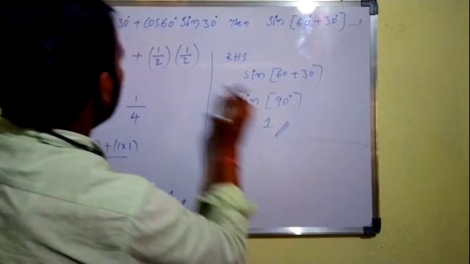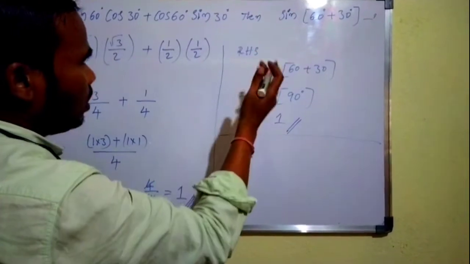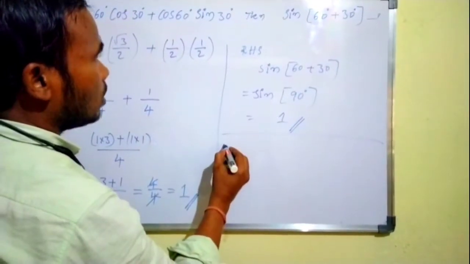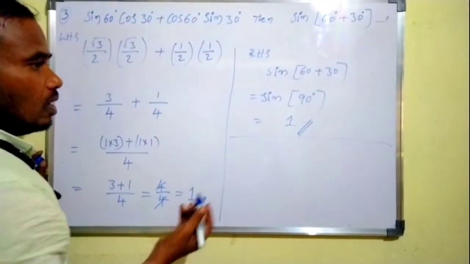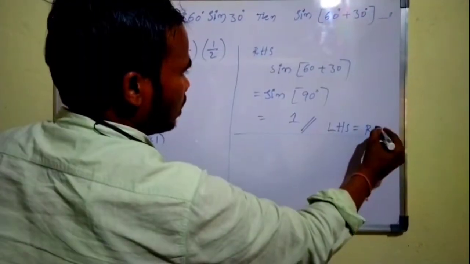So what is the conclusion? We can say both LHS and RHS are equal. LHS is equal to RHS.